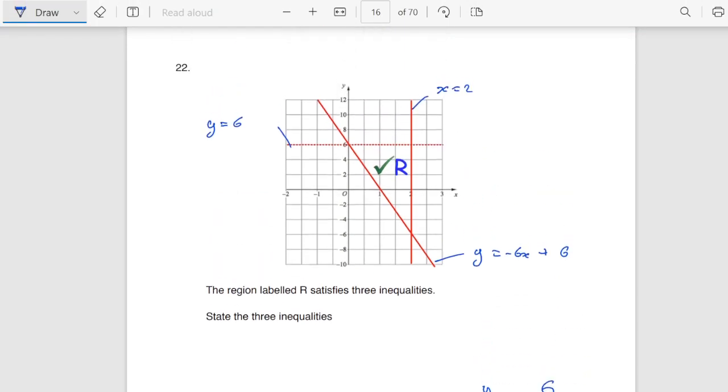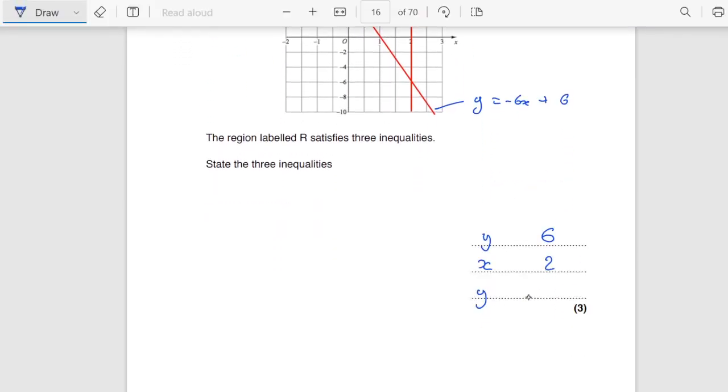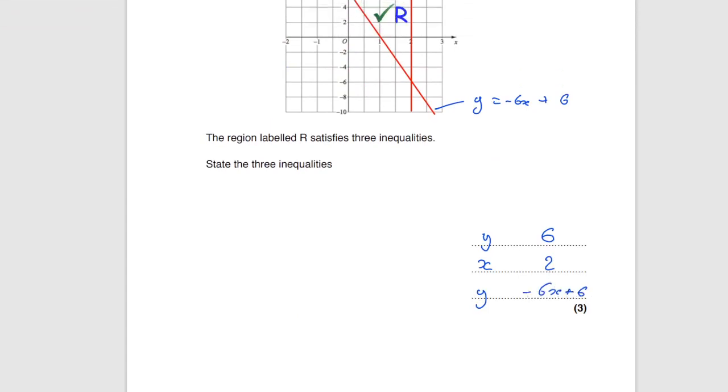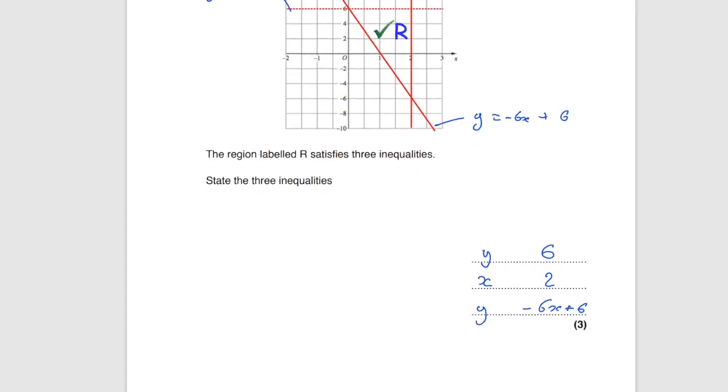2, and then y, and then minus 6x plus 6. The region that satisfies all of them, I need to think about whether it is greater than, less than, greater than or equal to, less than or equal to. For this line, sorry, it's going to be a less than or equal to because it's not a dashed line.